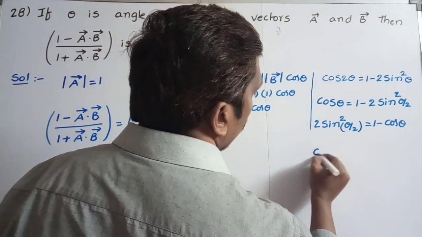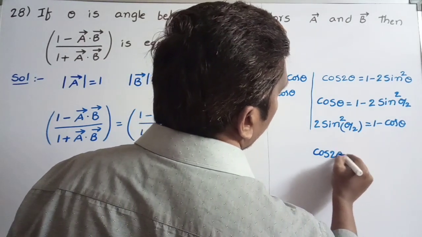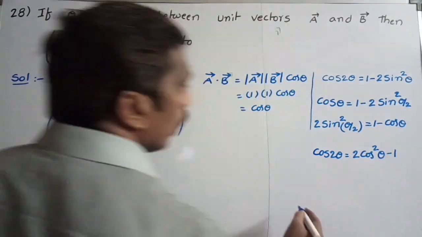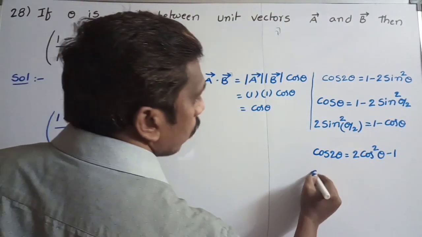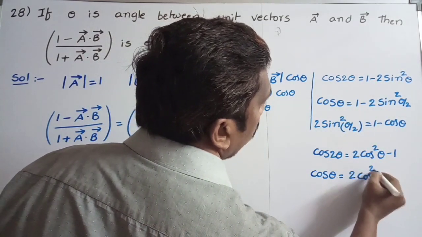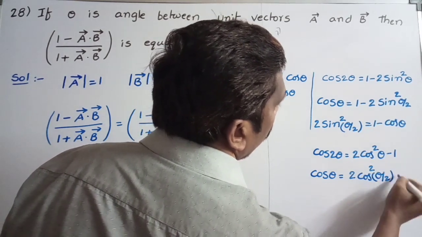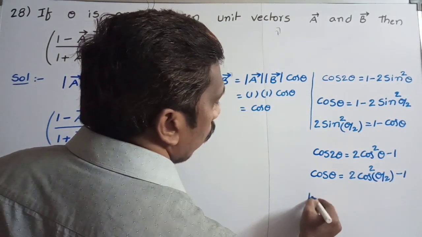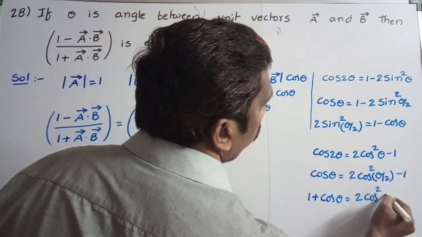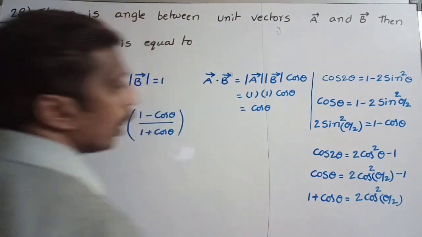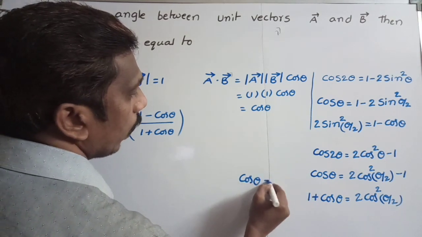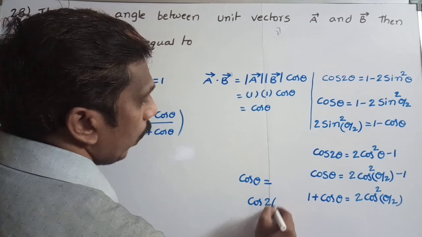In the same manner, another formula for cos 2 theta is 2 cos square theta minus 1. From this, cos theta is equal to 2 cos square theta by 2 minus 1. From this, 1 plus cos theta is equal to 2 cos square theta by 2 we can write, because here cos theta we can write as cos 2 into theta by 2.